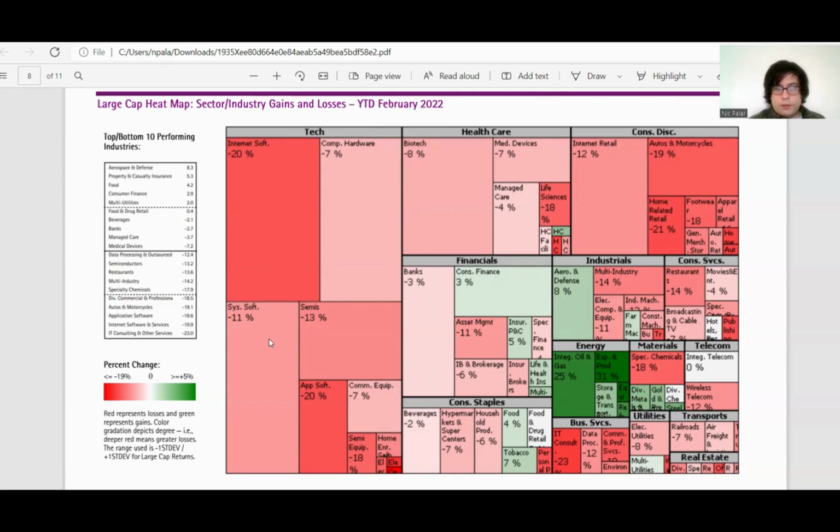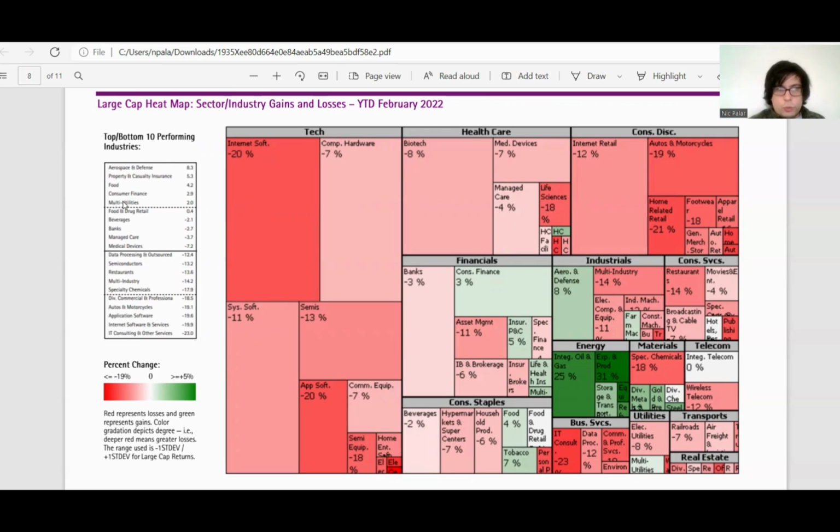Something that you might observe is that, hey, look, energy has 25% performance in the integrated oil and gas industry. Exploration and production is up 31% year to date. Why don't these appear in the year to date top 10 industries?